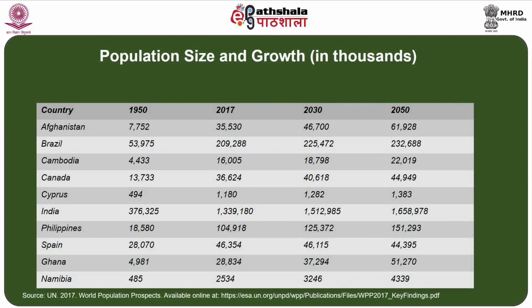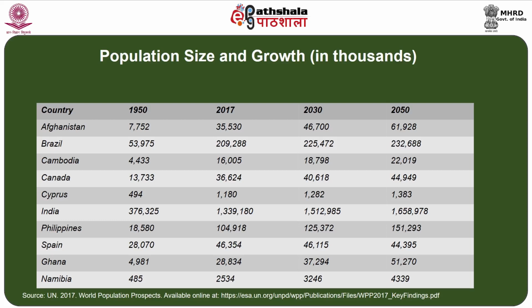The population size and its growth have been presented in the table for the years 1950, 2017 and projected figures of 2030, given in terms of thousands. Some countries with different population sizes over a range are given in the table and their growth can be traced accordingly.